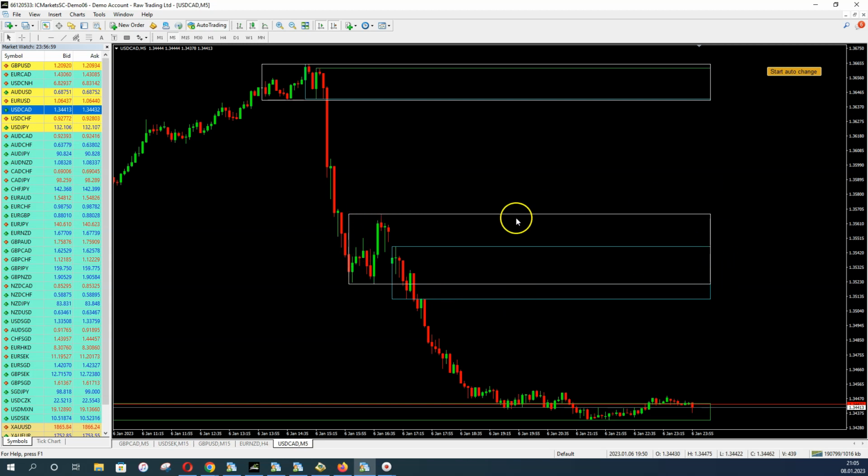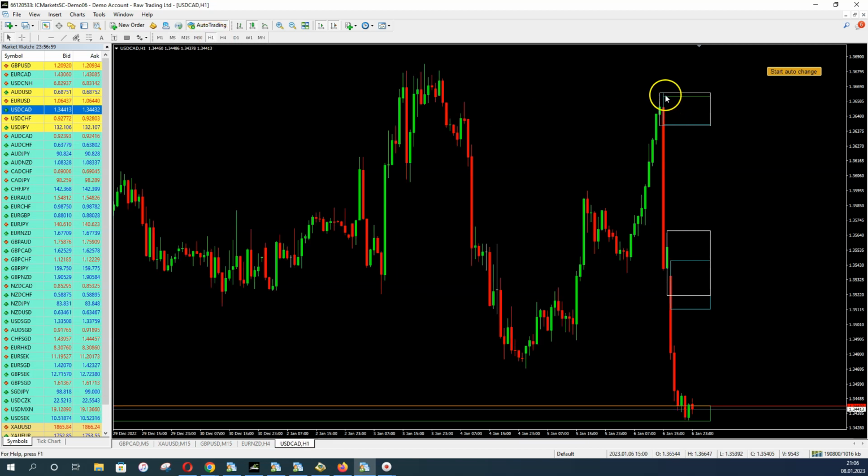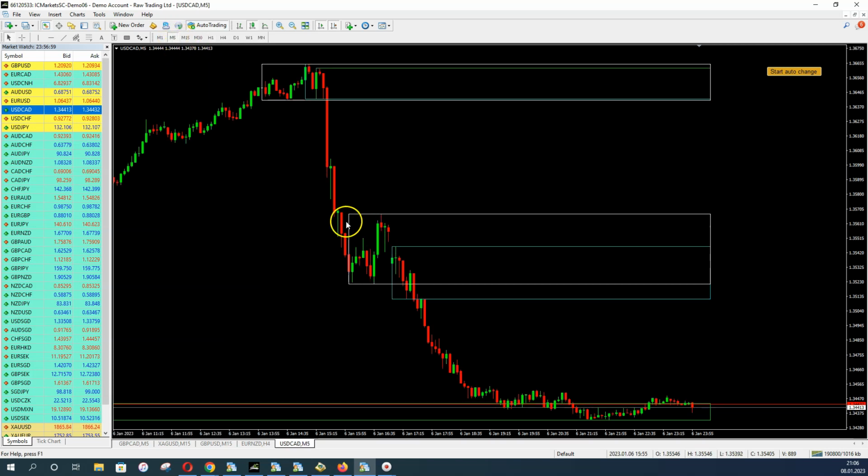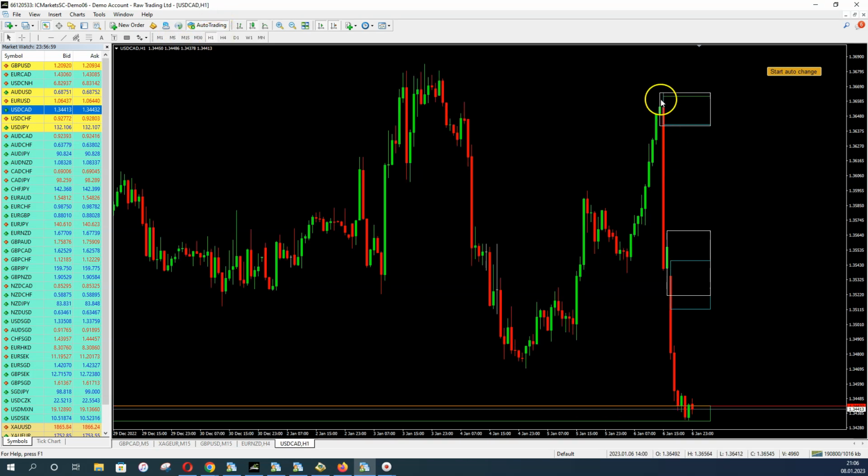So if you want to see exactly how this box has been created, you go to the H1 time frame, and then you can see, of course, this was a strong down move based on the H1 time frame, and you can't see it so good on a M5. Basically, all of this here is this down move on the H1, and this is the reason why we have here a supply zone based on our H1 time frame. This is really important to understand if you work with these multi-time frame modes. Where is the box coming from?